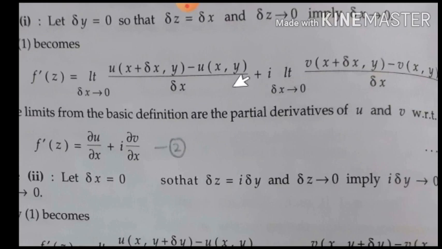So this is nothing but the basic definition of the partial derivative ∂u/∂x, and this is the basic definition of the partial derivative ∂v/∂x. By the definition of the partial derivative, u with respect to x is written in this way.